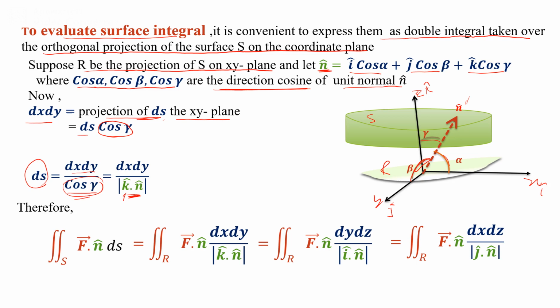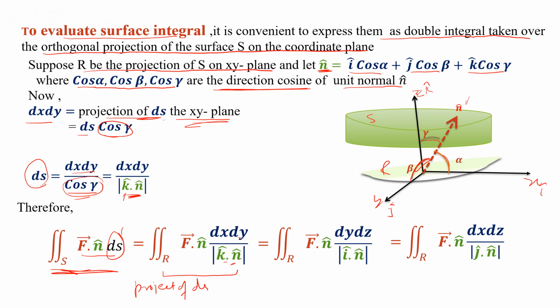Similarly, to evaluate the double integral of F dot n dS, in place of dS we take dx dy upon k dot n cap. That is used when we take the projection of the surface S on the xy plane.